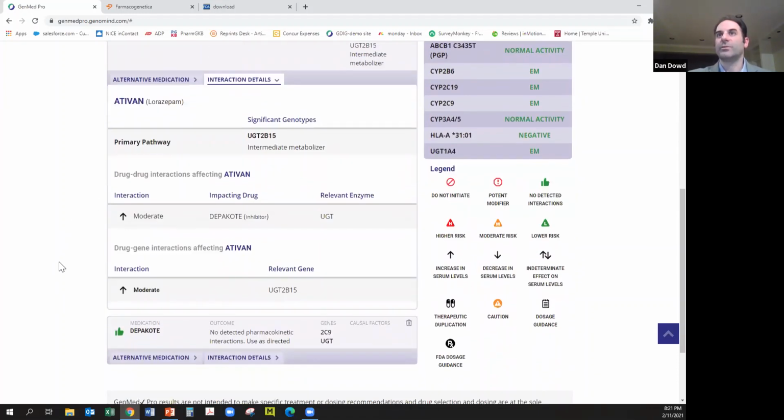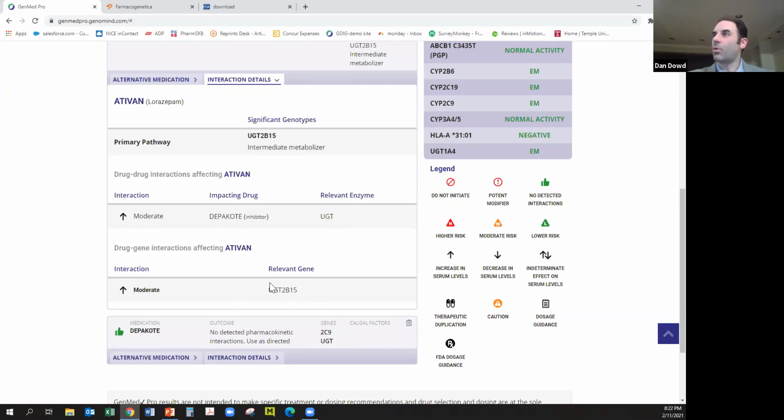So what we see here is that as far as drug-drug interactions go, Depakote is a moderate inhibitor of this enzyme. What complicates it is that this person also has a drug-gene interaction, and they have an intermediate UGT2B15 enzyme.